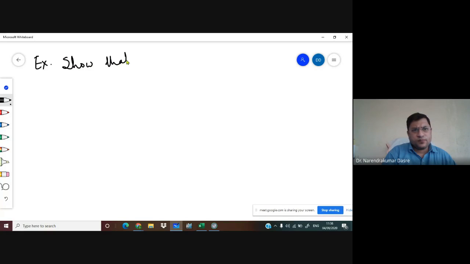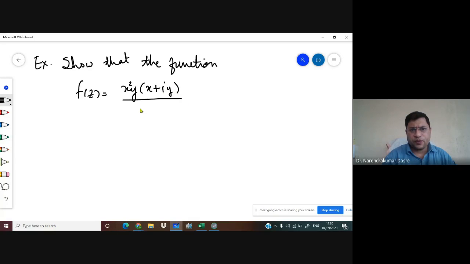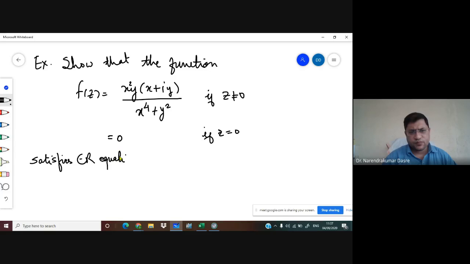Show that the function f of z is equal to x square y times (x plus iy) over x raised to 4 plus y square if z is not equal to 0, and this is equal to 0 if z is equal to 0, satisfies CR equations but is not analytic at z equal to 0.